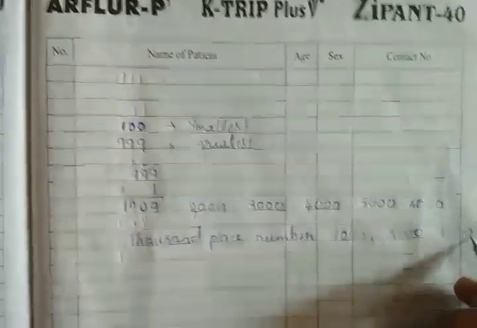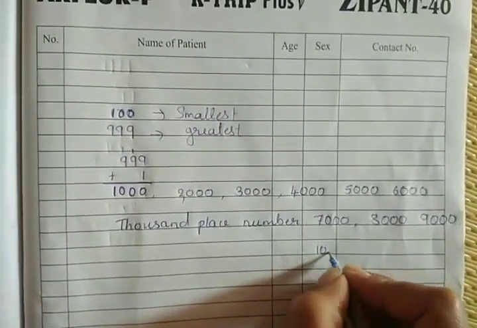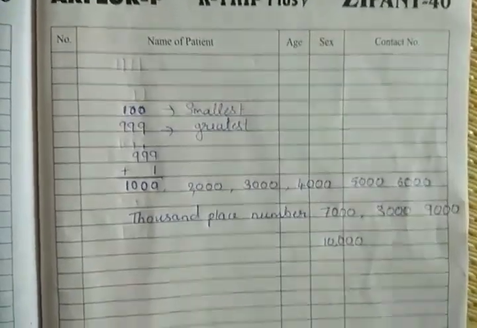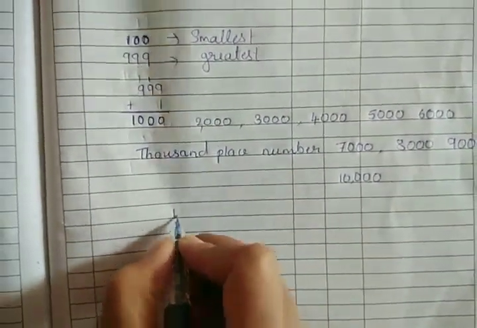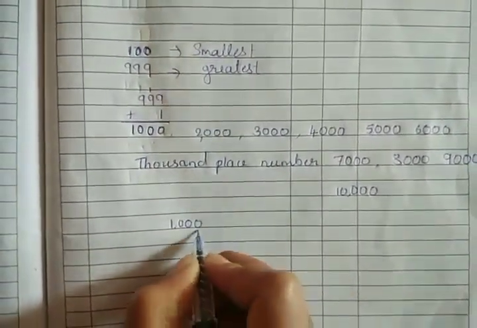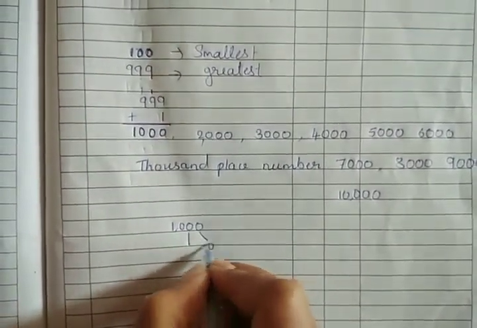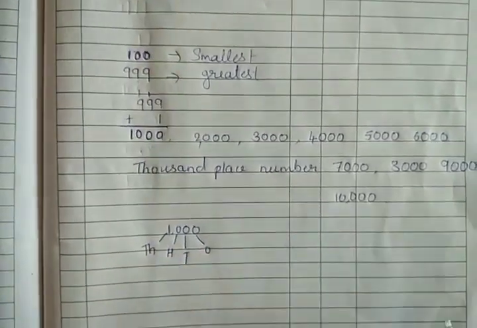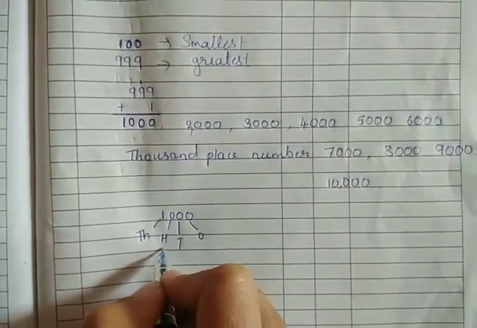And after 9000, 10,000. Okay. See children, in 4-digit numbers, the digits will be in the ones place, tens place, hundreds place and in the thousands place. Remember this. Okay.